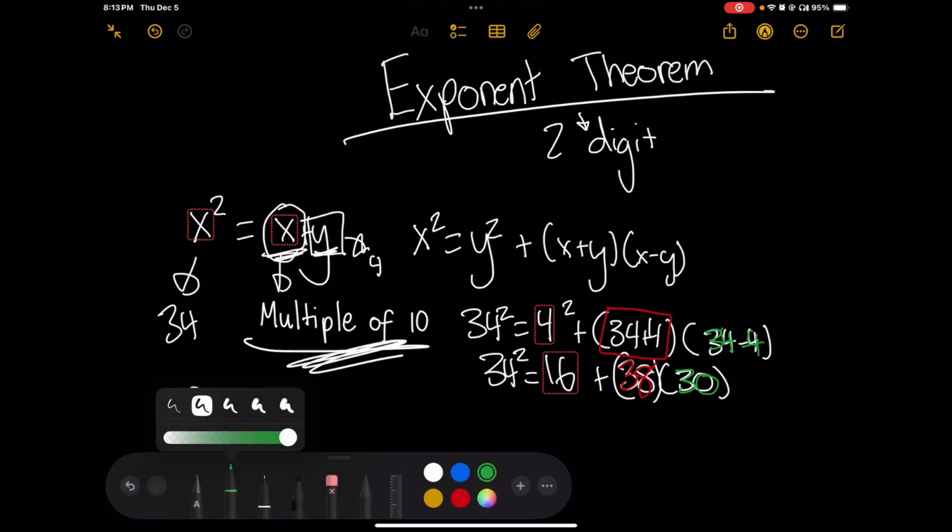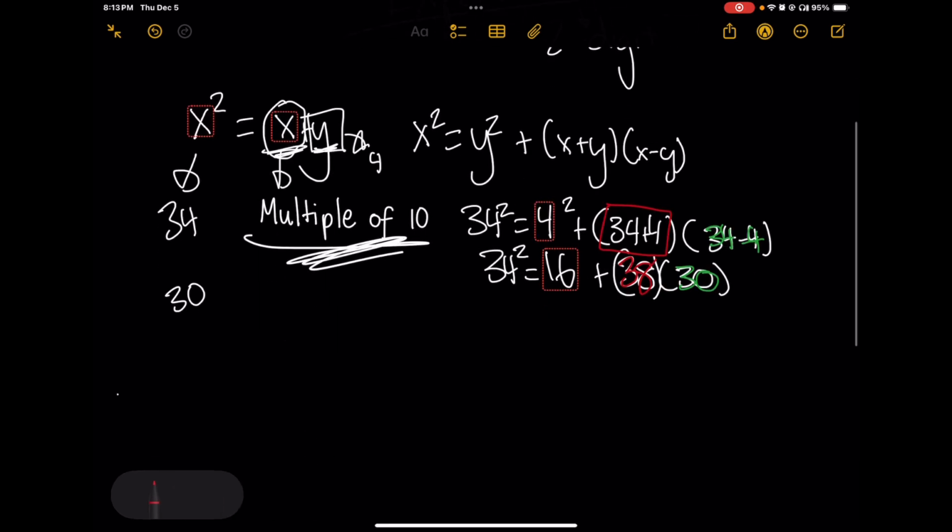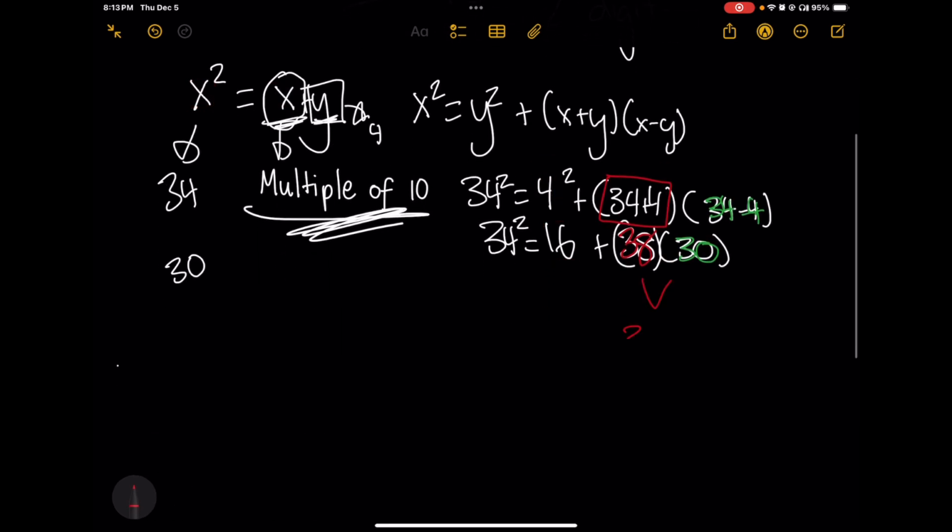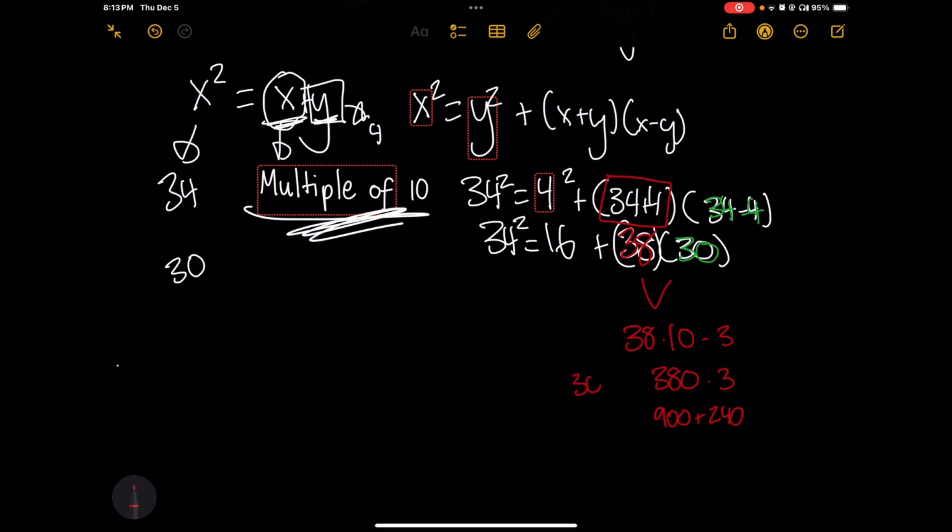And so mental maths with multiples of 10 is really pretty easy, because I can simplify this to 38 times 10 times 3, which is 380 times 3. I can use the distributive property and make this 300 plus 80, and distribute the 3.